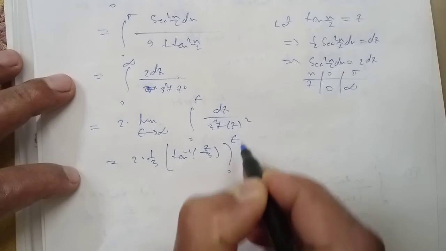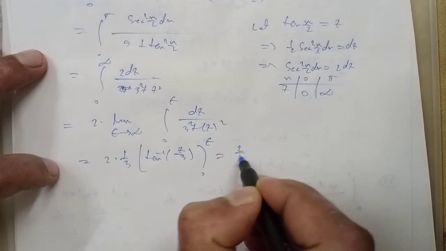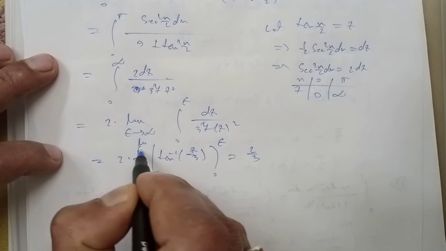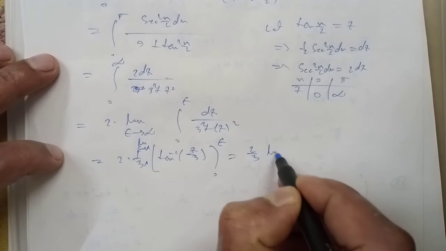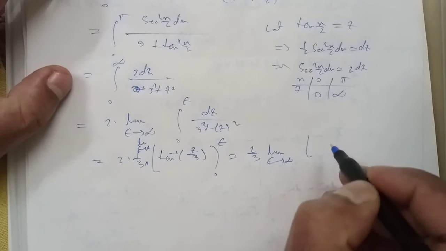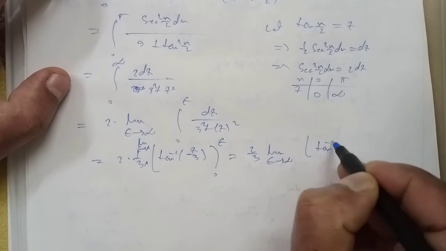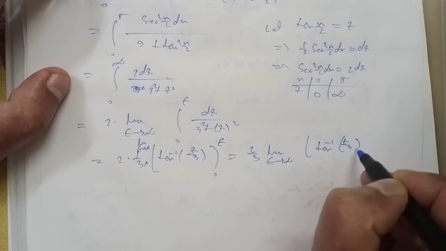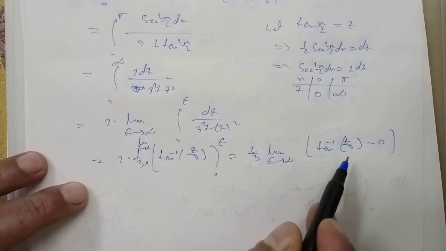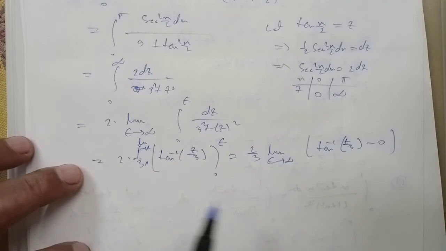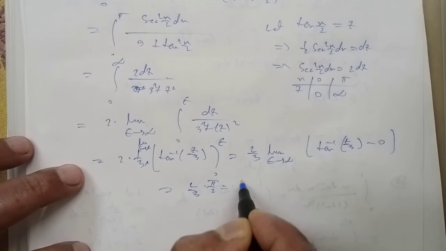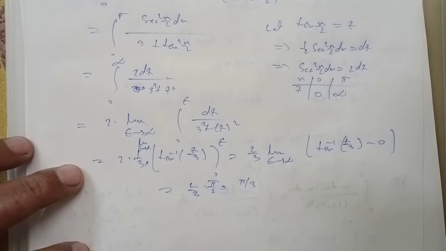Limits are 0 to epsilon, so this becomes 2 by 3 limit epsilon tends to infinity, tan inverse of epsilon by 3 minus 0. So when epsilon tends to infinity, epsilon by 3 tends to infinity, so this becomes pi by 2. So ultimately we get 2 by 3 into pi by 2, so your answer is pi by 3.